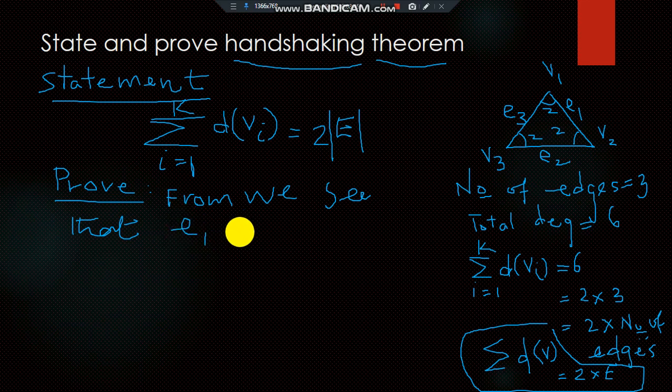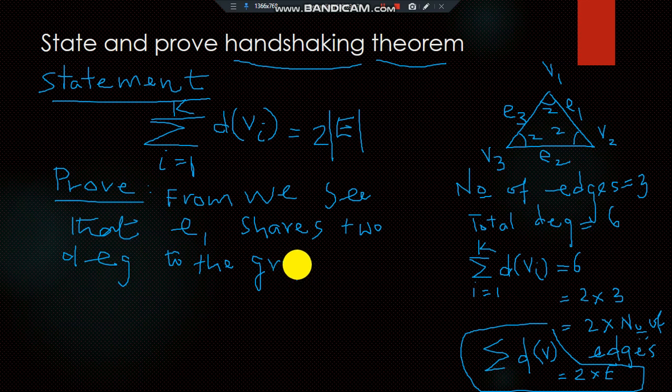E1 shares 2 degrees to the graph, one to the vertex V1.